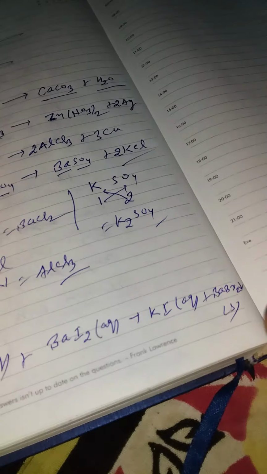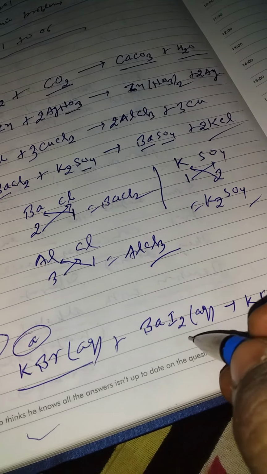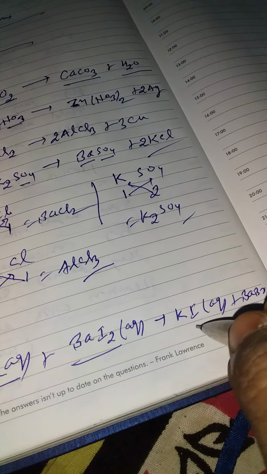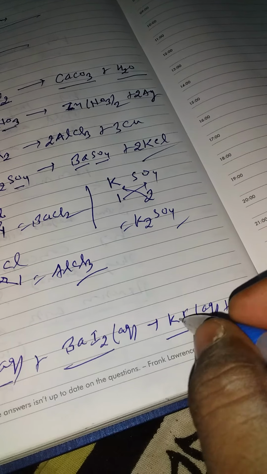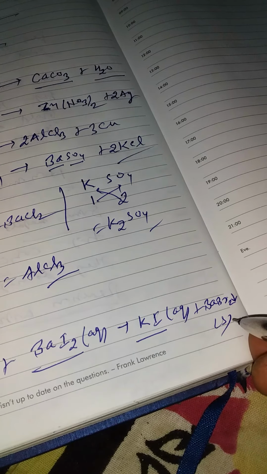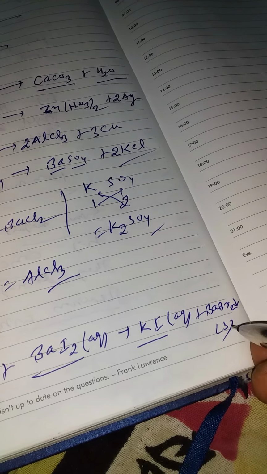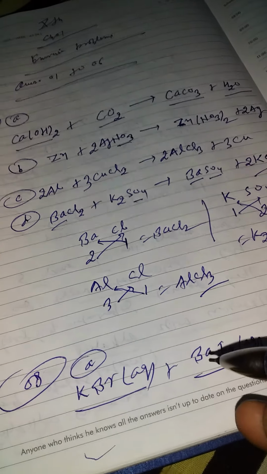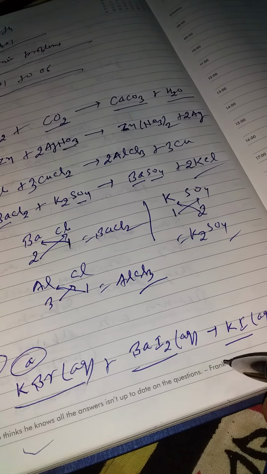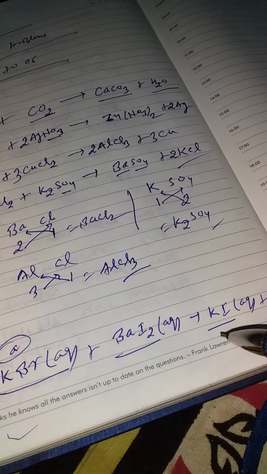So here we see that potassium bromide is in the form of aqueous, barium iodide in the form of aqueous. After the reaction, it forms potassium iodide aqueous and BaBr2 in the form of solid, that is precipitate form. So firstly, we balance this chemical equation.